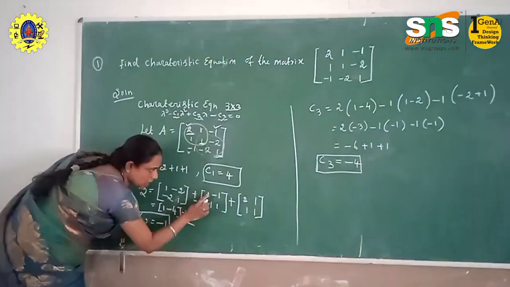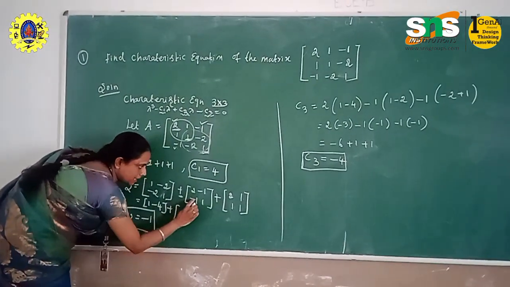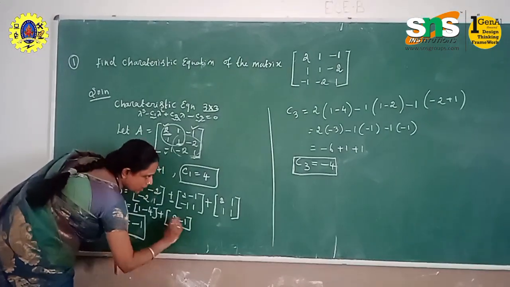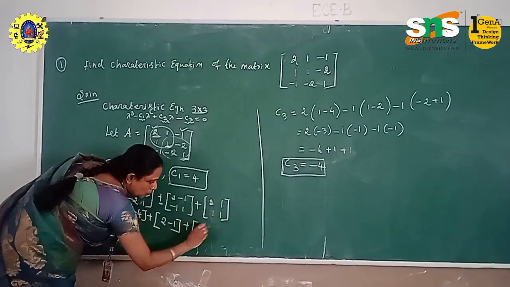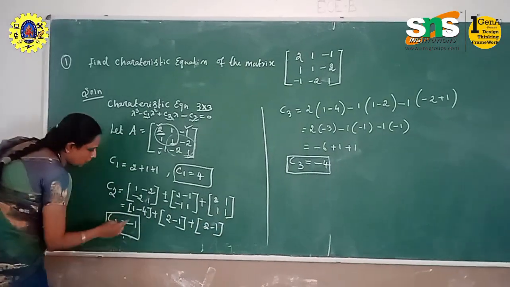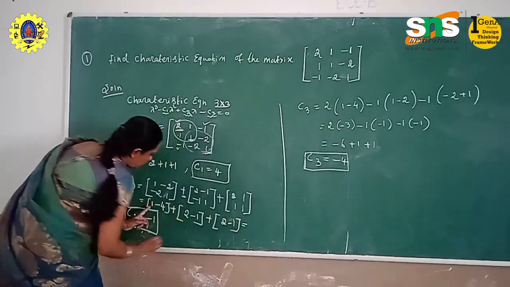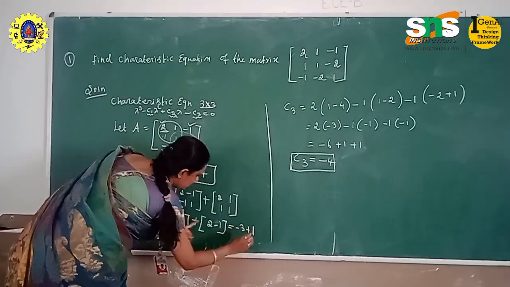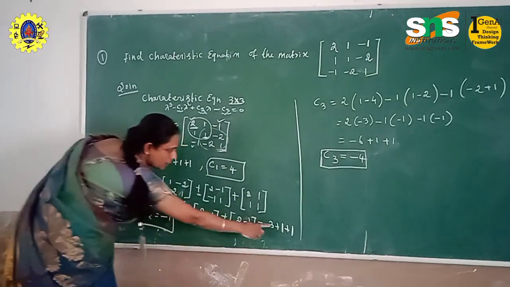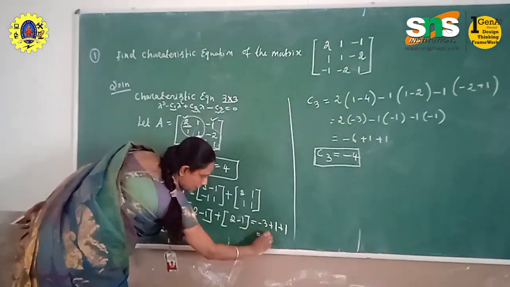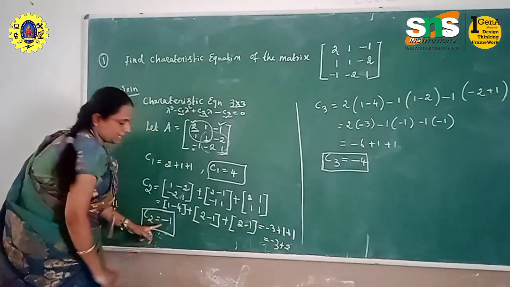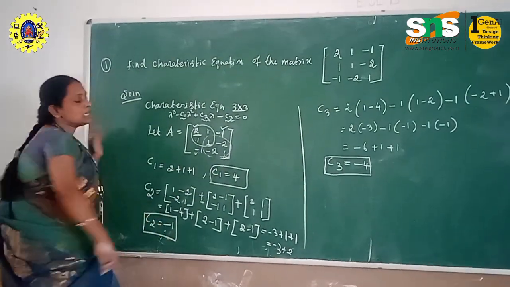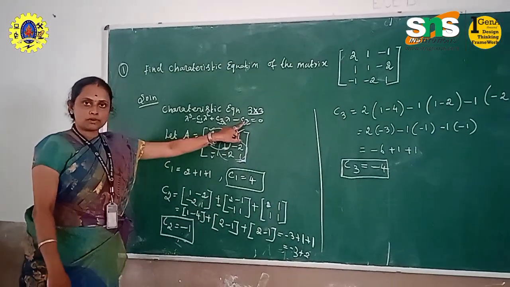Here 2 into 1 is 2, minus 1 into minus 1 is plus 1, so 2 minus 1 is 1. And for the last one, 2 minus 1 is 1. So 1 minus 4 is minus 3, plus 1 plus 1, which is 2. Minus 3 plus 2 is minus 1. So the c2 value is minus 1. Now we know c1 and c2, and similarly we find the unknown value c3.